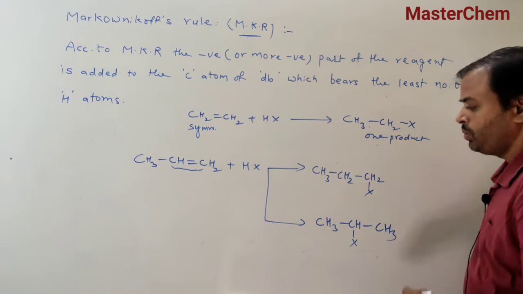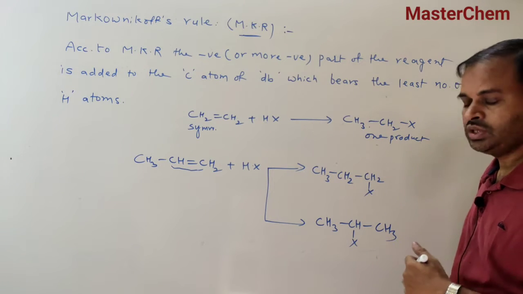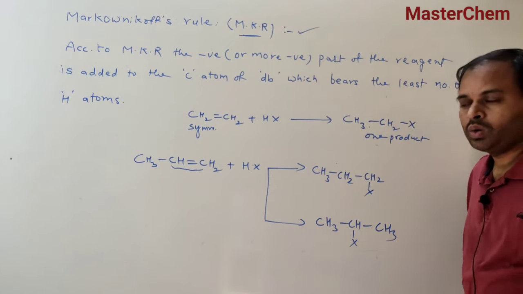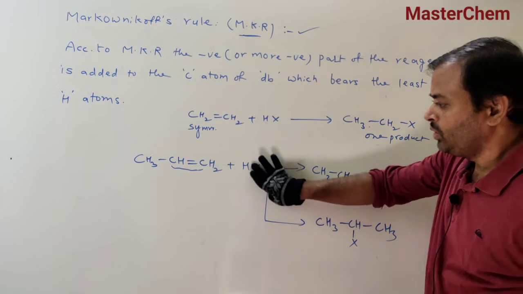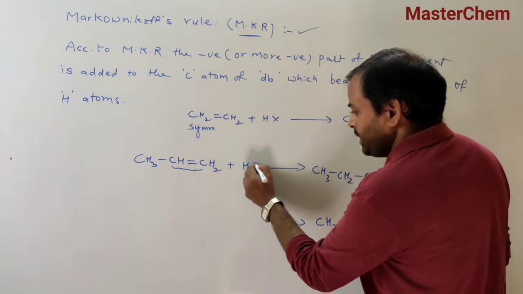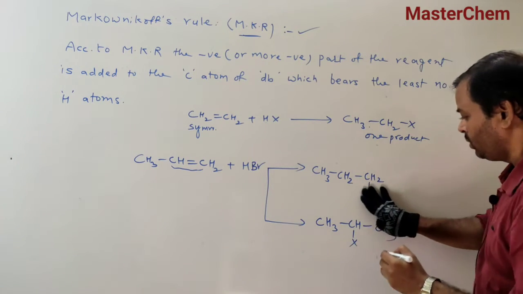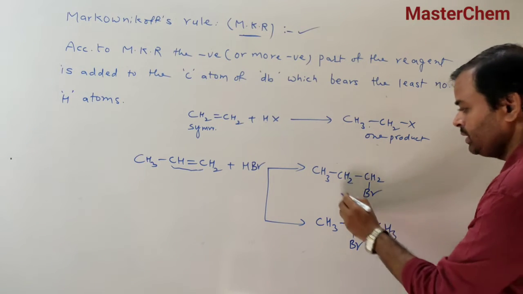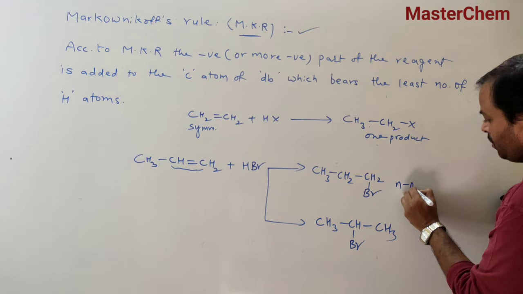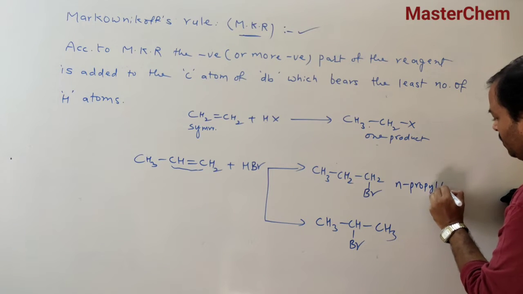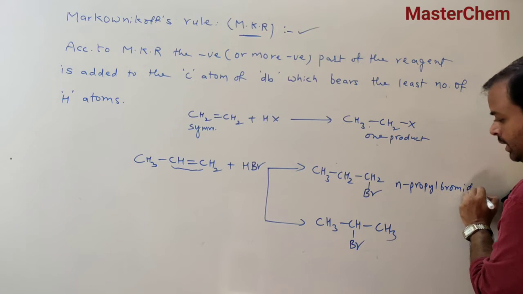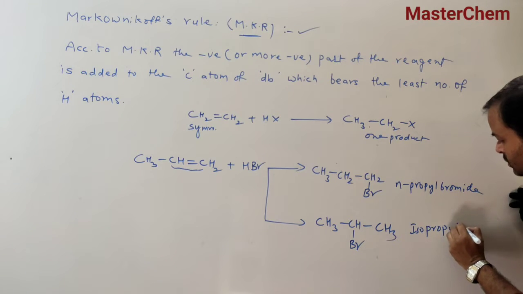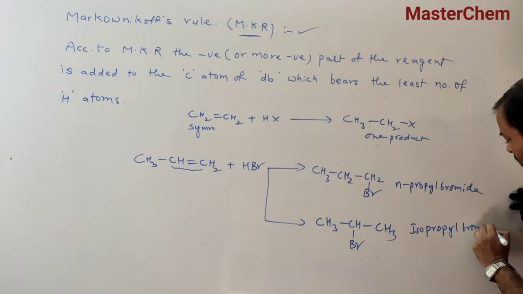Which of these two is major and which is minor is governed by Markovnikov's rule. If you take HX as HBr, here it is n-propyl bromide, and here it is isopropyl bromide.